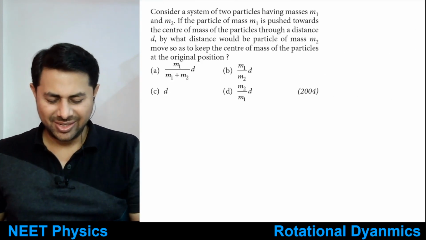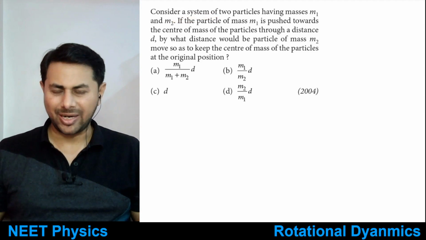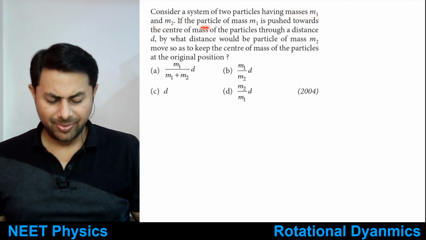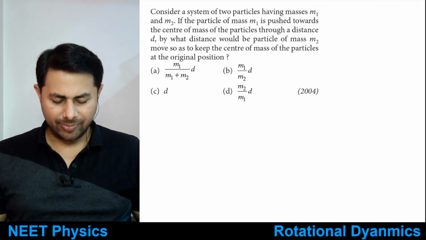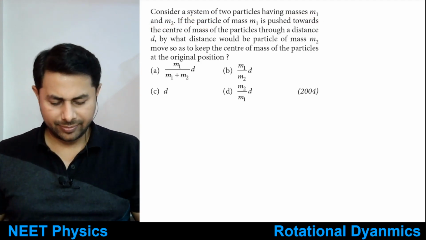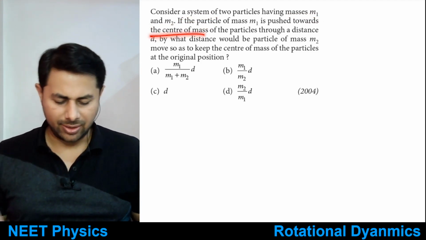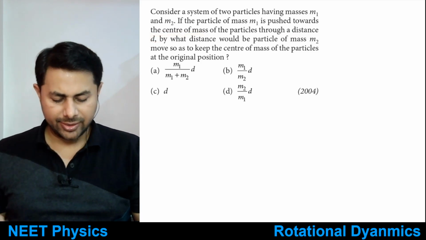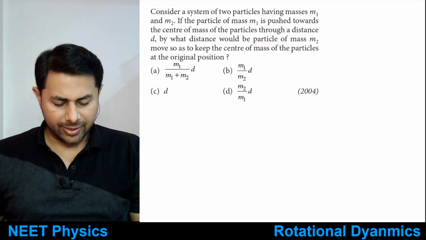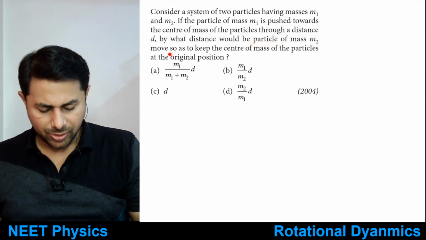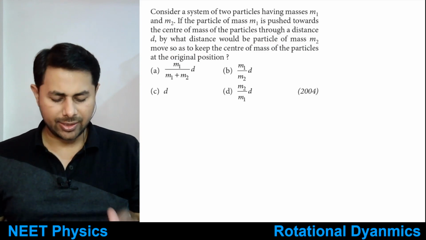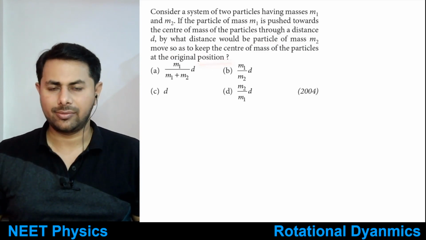Let's see next one. Consider a system of two particles having masses m1 and m2. If the particle of mass m1 is pushed towards the center of mass of the particles through distance d, by what distance would the particle of mass m2 move so as to keep the center of mass of the particles at the original position?